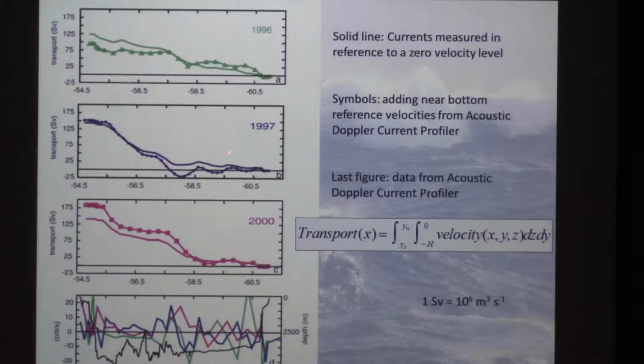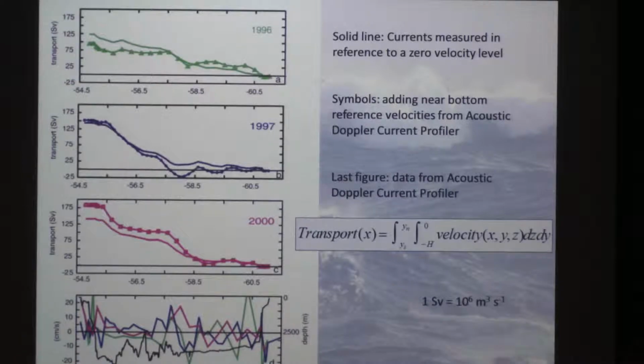But here's actually a measurement of the velocity at that 2,500 meter depth, and in some places a little bit lower, from a lowered acoustic Doppler current profiler. And you can see that you can have variations in the velocity as much as 20 centimeters per second. And ignoring that 20 centimeter per second bias in your reference velocity, integrated over that entire depth of 3,000 meters or so, is a huge change in the transport.